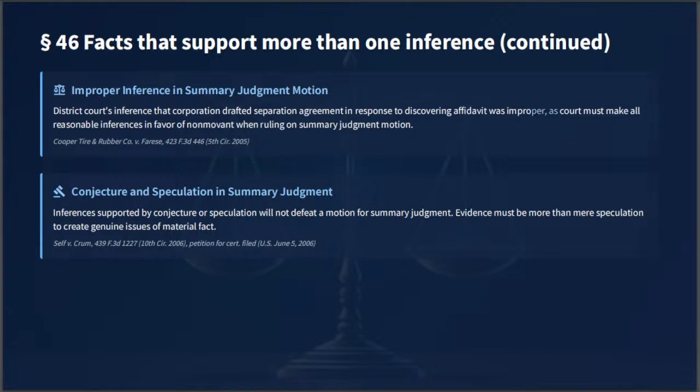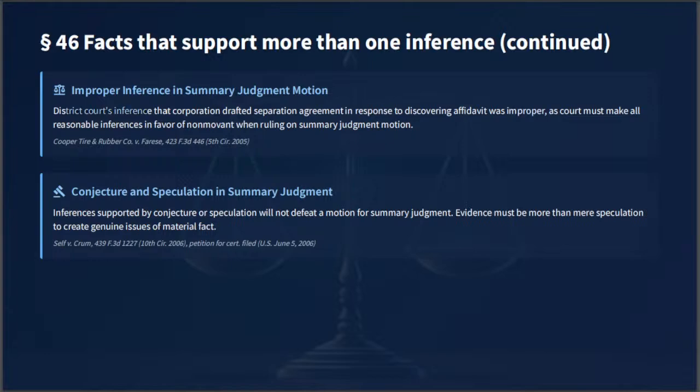The way they write these sentences here, there's a lot of synecdoches and such, so we have to really break it down. So let's read this through one more time and make sure we have it clean. District court's inference that the corporation drafted a separation agreement in response to discovering the affidavit was improper.